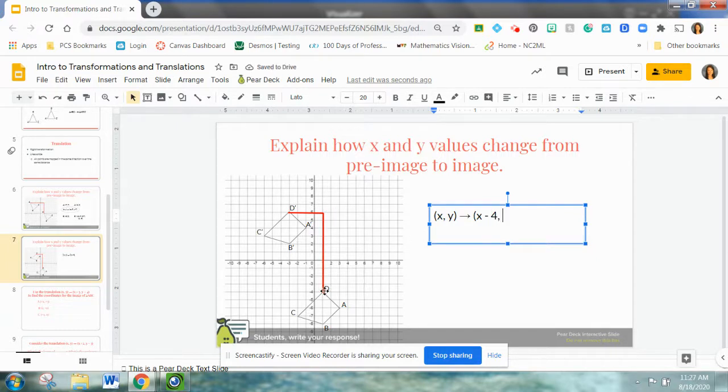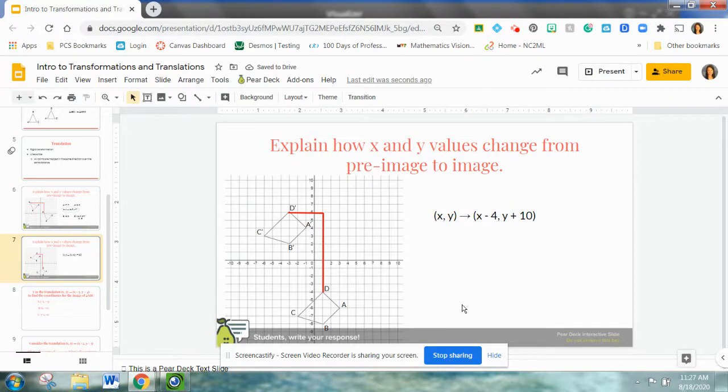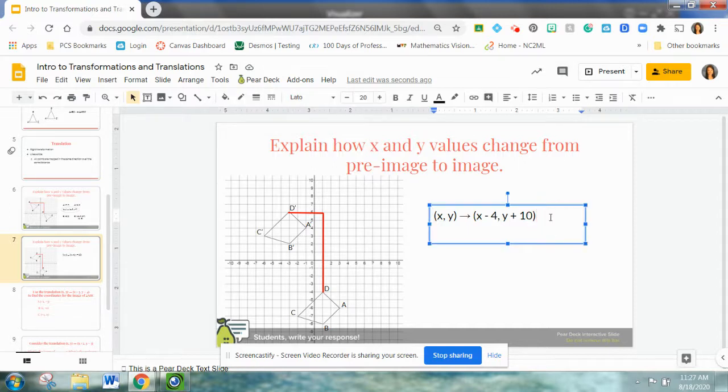And then I'm going from -4 to +6. So that represents addition. So I have y plus 10. Now I'm going to double check. Let's try A, for example. Coordinate A is at 3, -6. So 3 minus 4 gives me -1.